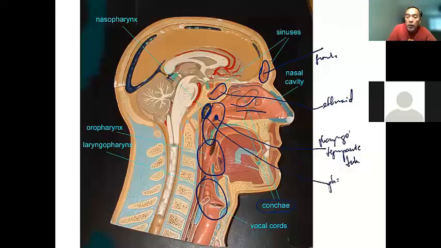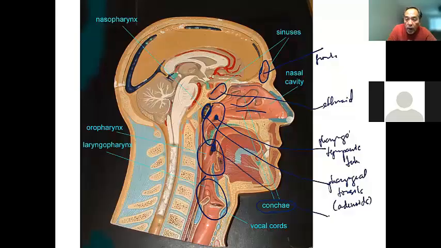That's called your pharyngeal tonsils, okay, or what we call adenoids. Okay, and then here you can actually see the palatine tonsils located at the oropharynx. And then at the back of the tongue are the lingual tonsils located at the oropharynx.